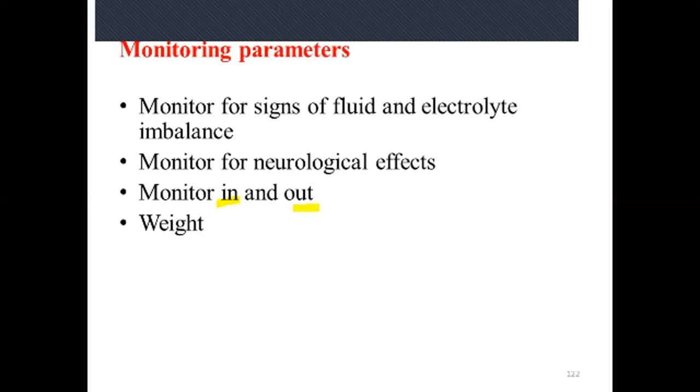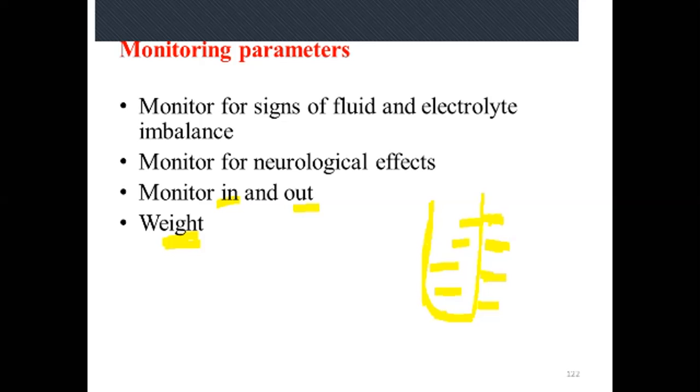They insert a catheter, and it is graduated, so you will see a leveled measurement from the catheter that can measure the amount of urine output. Then of course, they also assess any weight changes to see whether the treatment was effective or not.